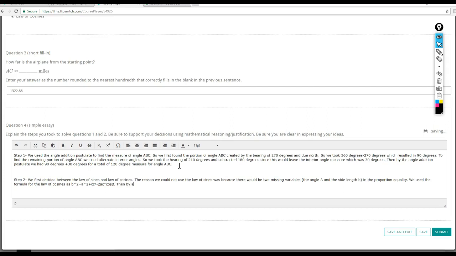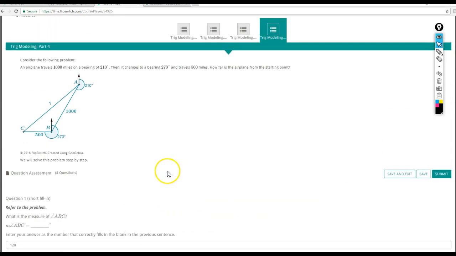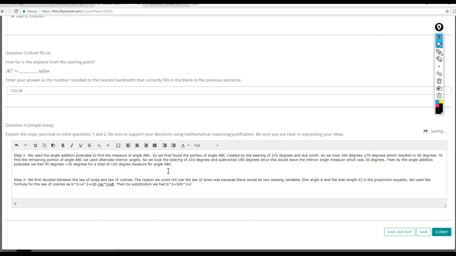Then, by substitution, we had B squared is equal to 500 squared plus 1,000 squared minus 2 times 500 times 1,000 times the cosine of 120 degrees.